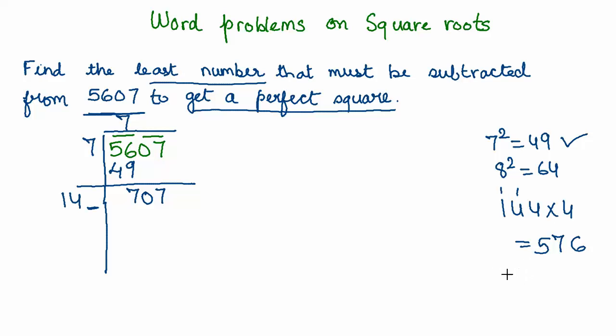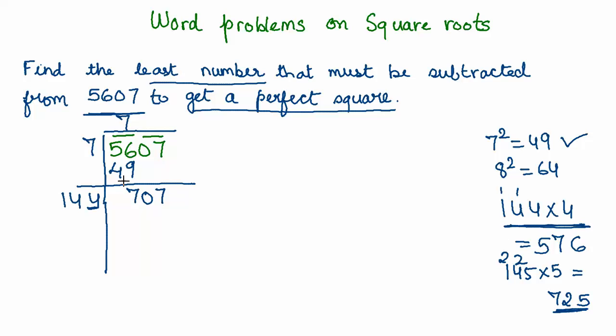Now what happens if I were to do 145 multiplied by 5? 5 times 5 is 25, we carry 2, 5 times 4 is 20 plus 2 is 22, carry 2, 5 times 1 is 5 plus 2 is 7, giving 725. You can see that 725 is greater than 707, so we have to use 144 multiplied by 4.